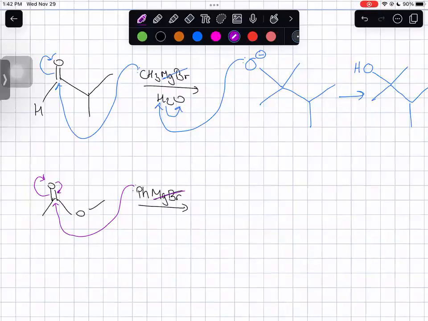You reform the carbonyl and then you kick off that oxygen. That's your leaving group. So far, what are you forming? Oh, no, that's right. Yes, so far you're good.